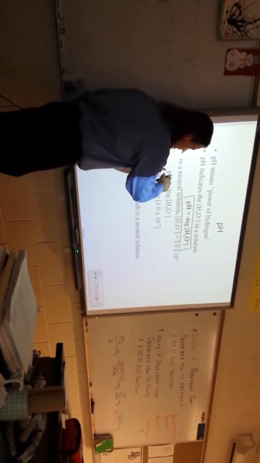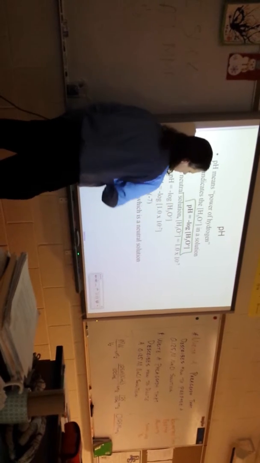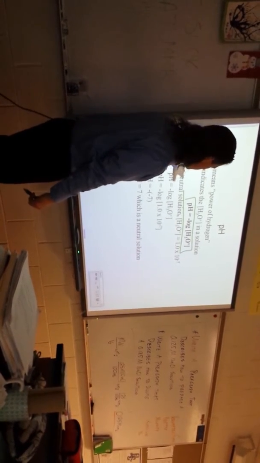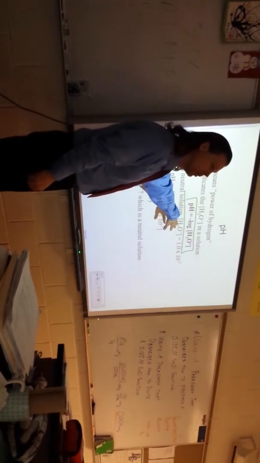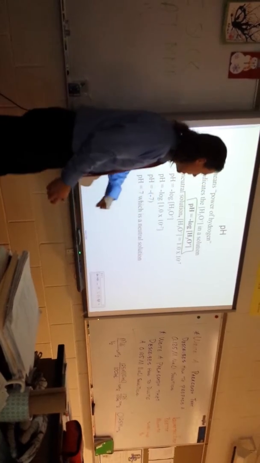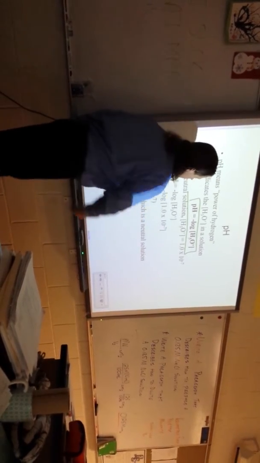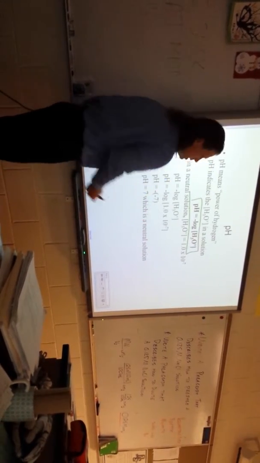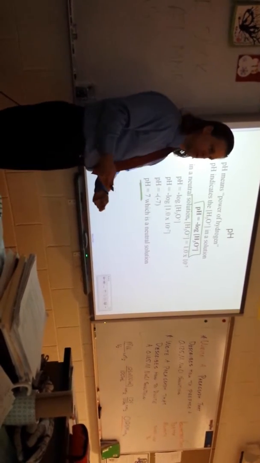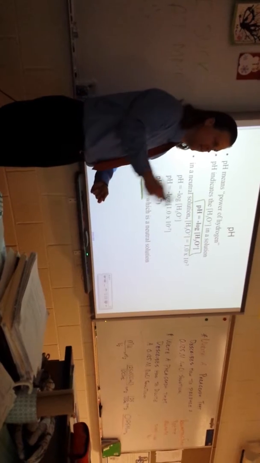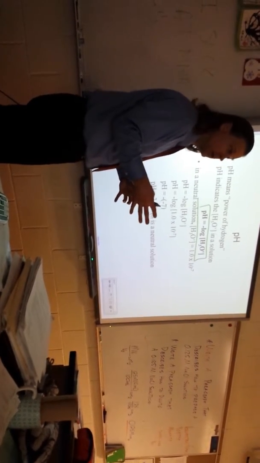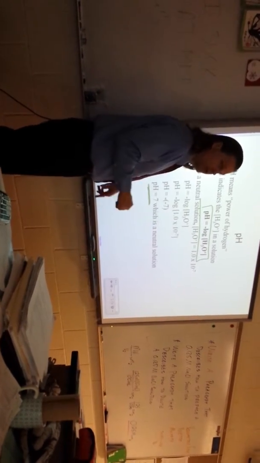So if we're using a neutral solution, like for example, water has an H3O plus of 1.0 times 10 to the minus 7, we learned that yesterday. If I plug the value of the H3O plus into the pH formula, I get a pH that is equal to 7, which is a neutral solution. Okay? And in a few minutes, I'm going to have you guys do the calculating so we can all make sure we can do this on the calculator. Okay? But there's a couple other things I want to show you.